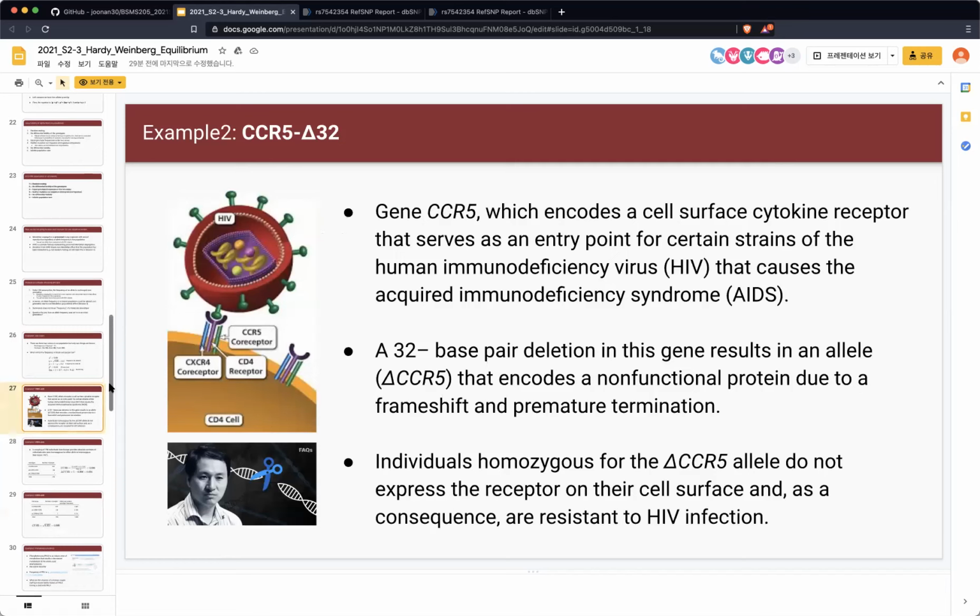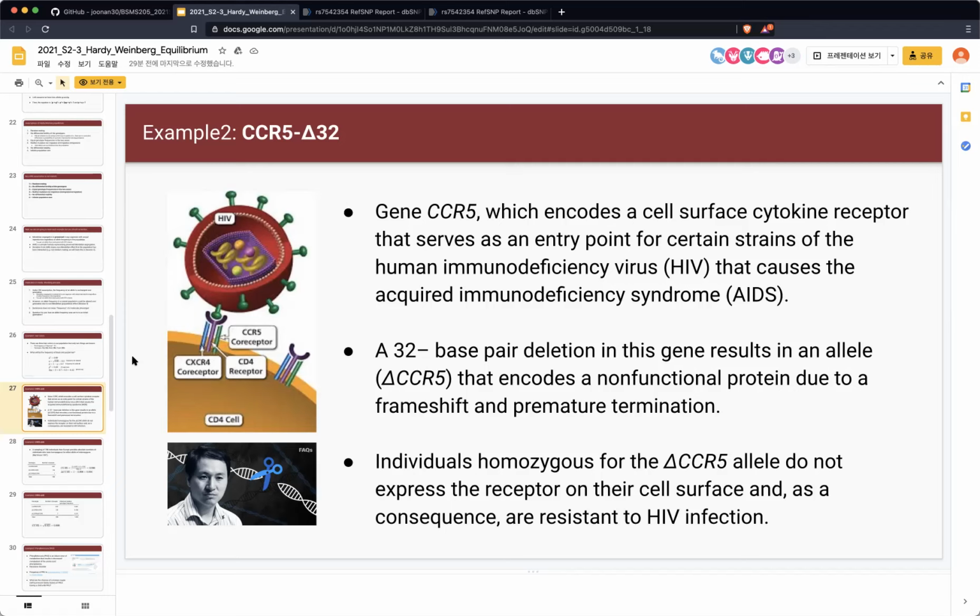And example 2 is more recent evidence on the CRISPR topic. Gene CCR5 is the gene encoding the protein on the cell surface, a cytokine receptor. That acts as the entry point for certain strains of HIV in AIDS, right?